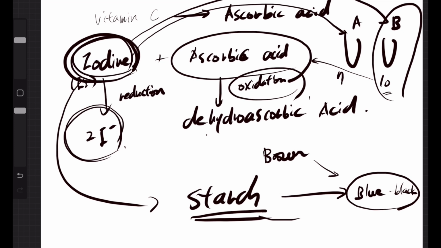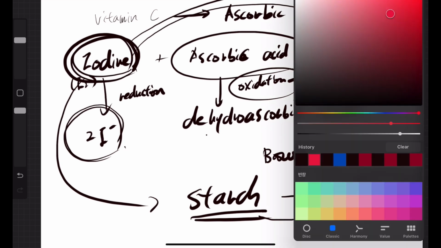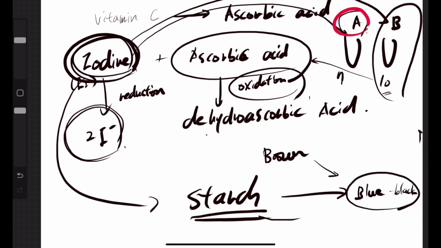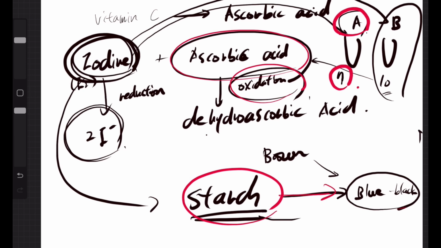Because after 7 drops for A, all the ascorbic acid was oxidized, and then the starch changes to blue-black.